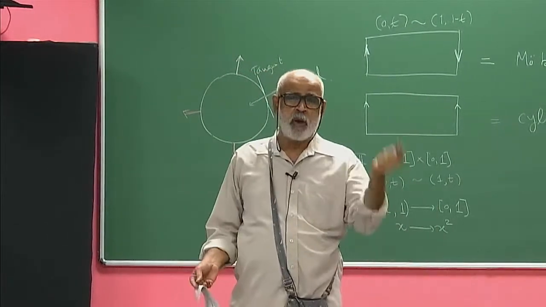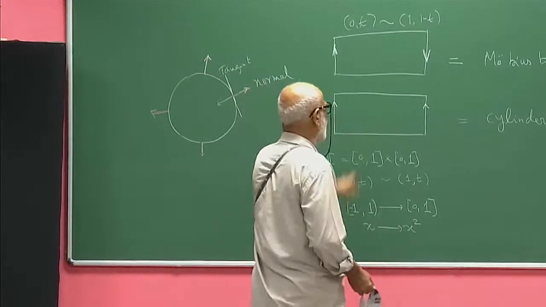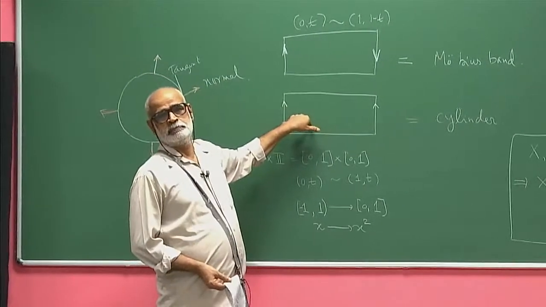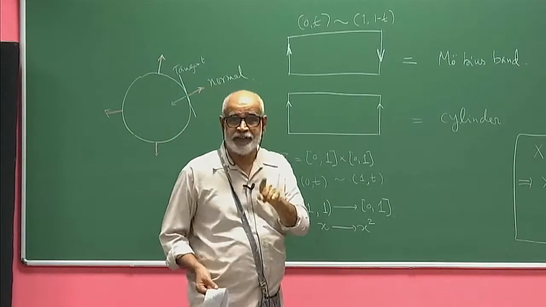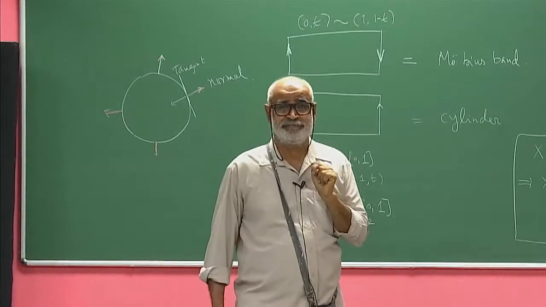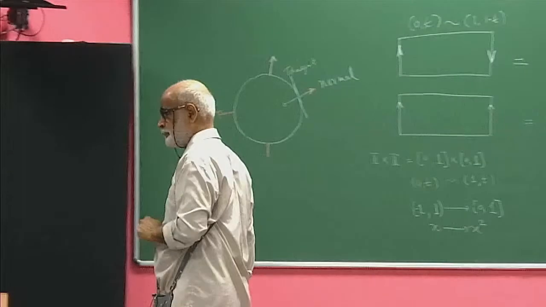Therefore, the object which you have got in your hand without cutting should be one of these two. It cannot be something else. So you have to tell me which one it is, whether it is a cylinder or a Mobius band. There cannot be anything else.